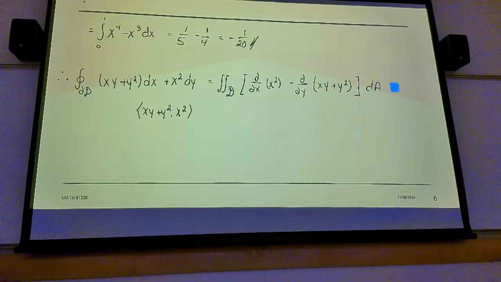It's the circulation along the boundary of D of that vector field. Okay, thank you.